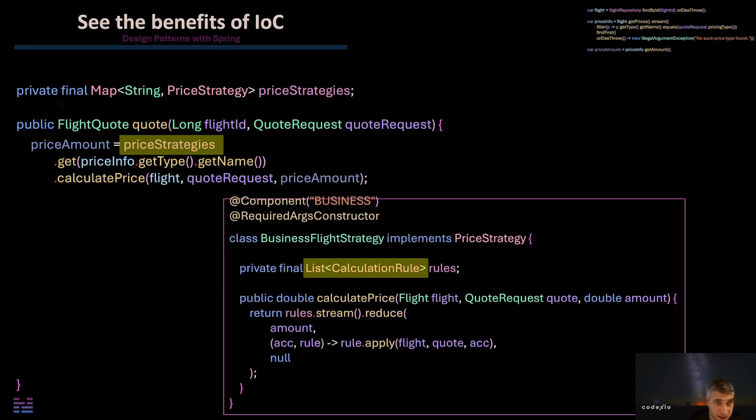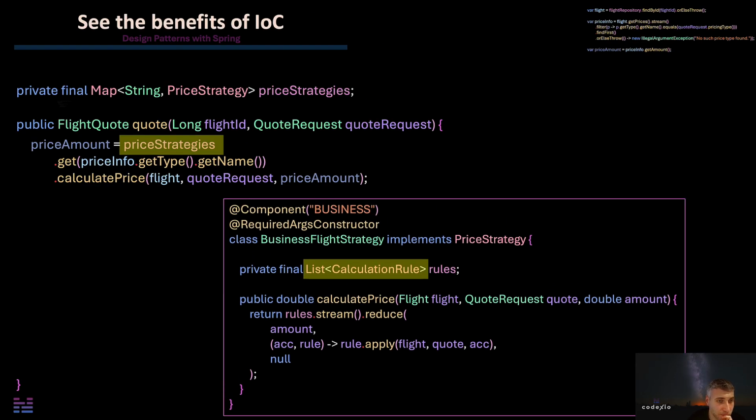So let's say this business flight strategy is annotated with component. What is going to happen here? This business flight strategy class will be instantiated by the Spring Framework, and after that it's gonna be put into its inversion of control container.